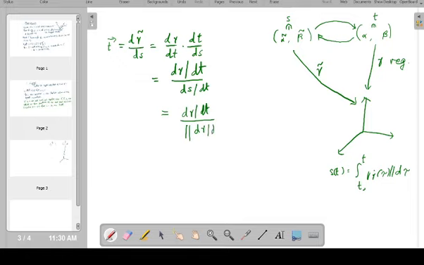So if gamma is regular but not unit speed, then the unit tangent vector T is d gamma by dt divided by the norm of that. That is the conclusion.